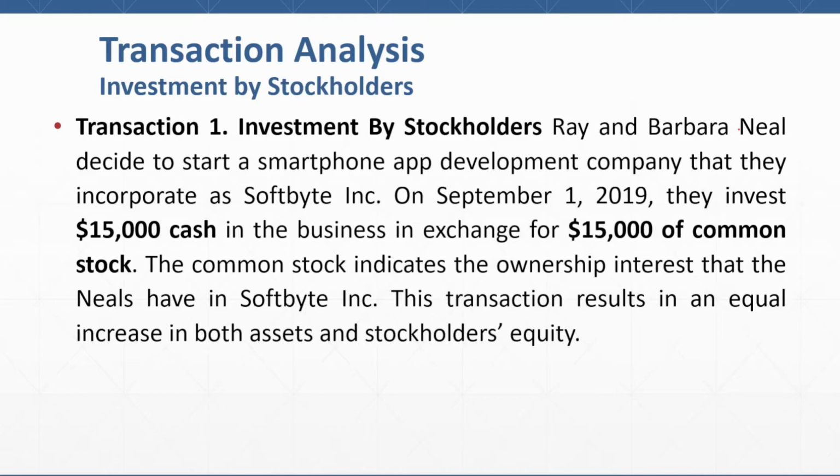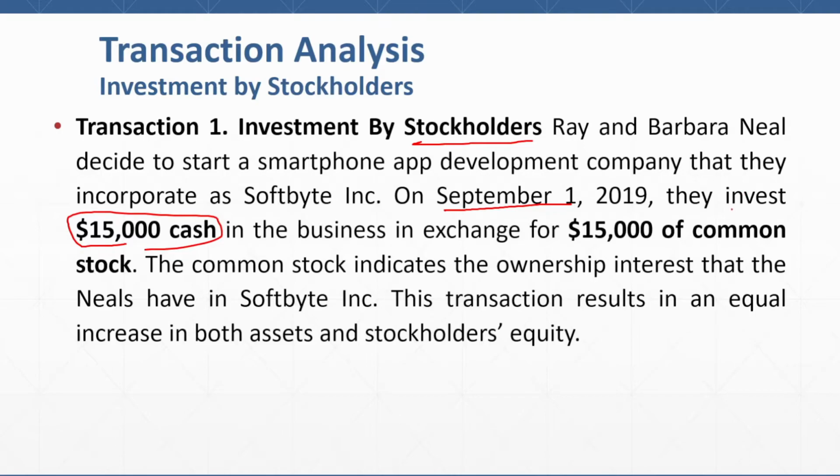Let's see how a transaction can affect our accounting equation. Transaction 1, investment by stockholders. They decide to start a smartphone app development company that they incorporate as SoftBite on September the 1st. They invest $15,000 cash in the business.